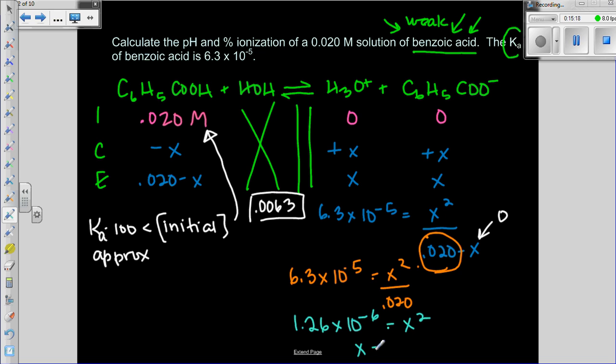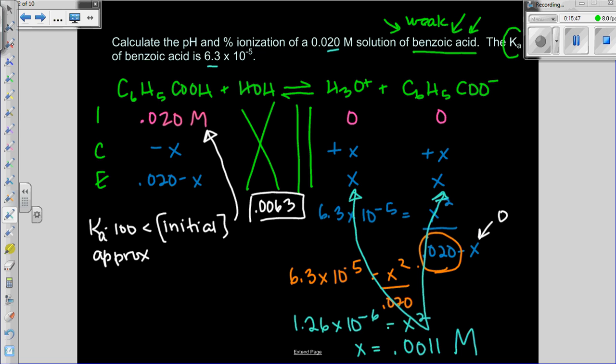So I'm basically taking the square root of both sides, and when I do that, I get 0.0011 molar. Okay, this has two significant figures. My Ka has two significant figures. My initial concentration has two, so I'm good. So that tells me that's the concentration of the hydronium ion and the concentration of the benzoate ion.